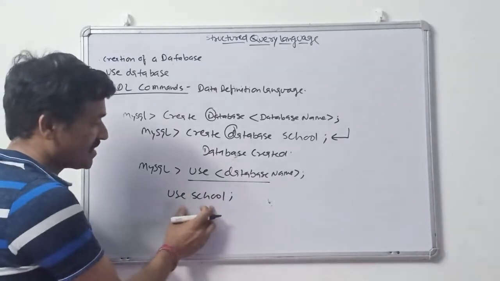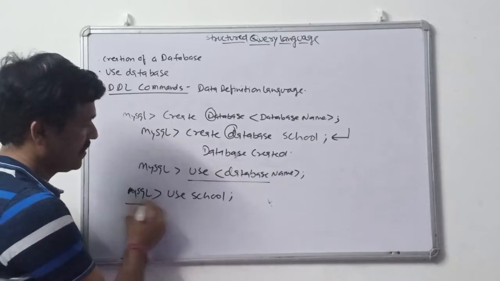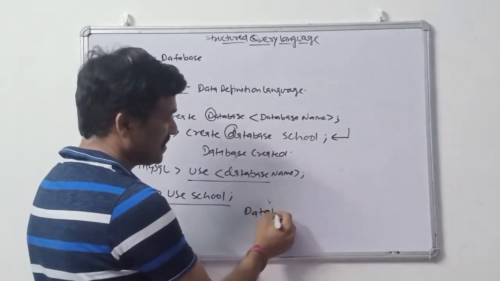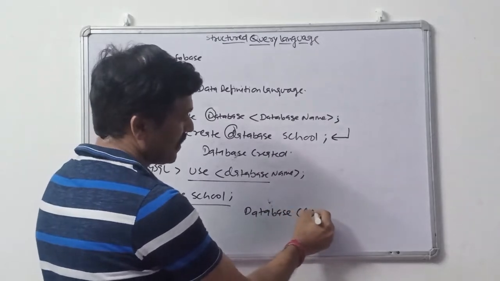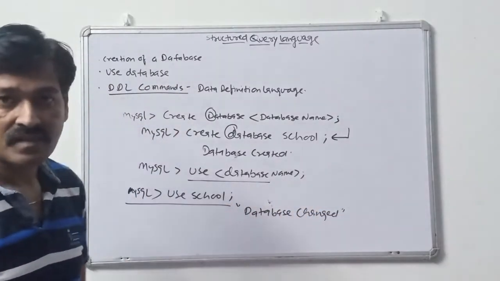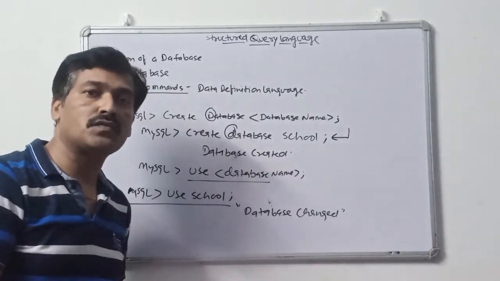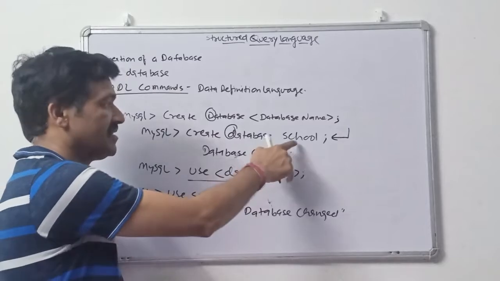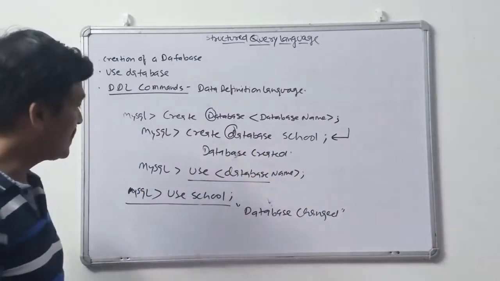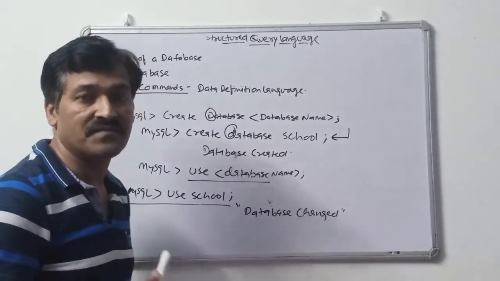When you write this command in the MySQL prompt, the message shown will be database changed. Now you are allowed to work upon the database school. Until you write this command, use database name, the database will not be active for you.